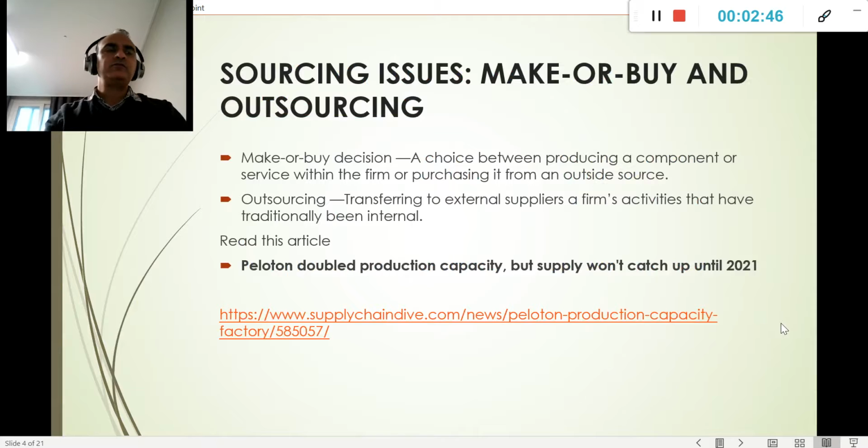So when we're talking about supply chain management, first of all, we have sourcing issues, which is make or buy and outsourcing. So first of all is the make or buy. Here you have the example of Peloton and their bicycles. So initially, Peloton started as a company that has these electronic bicycles that are connected with a screen, and they have a lot of training videos, and they involve you in the training.